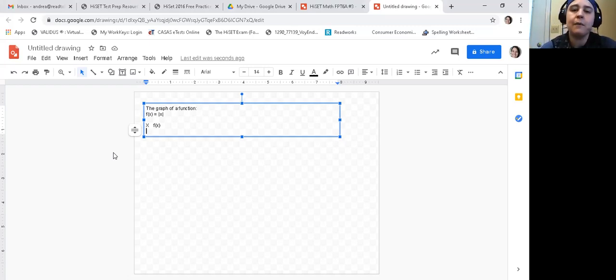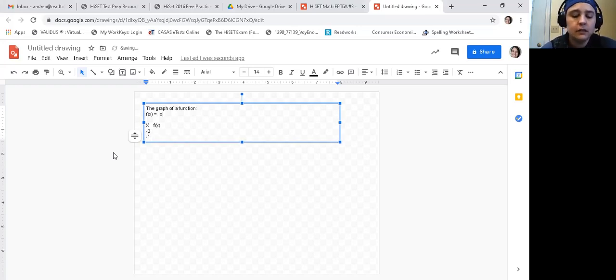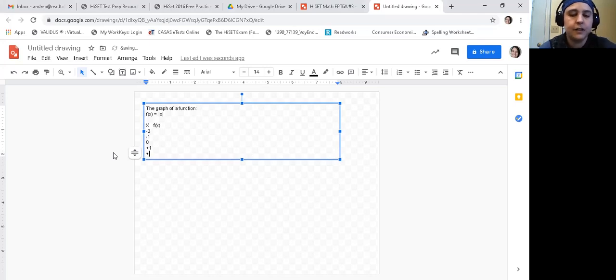So let's take a couple of examples in both directions. Let's look at -2. Let's look at -1. Let's look at 0. Let's look at +1. And let's look at +2. Okay? So again, f of x equals, in this case, the absolute value of x.